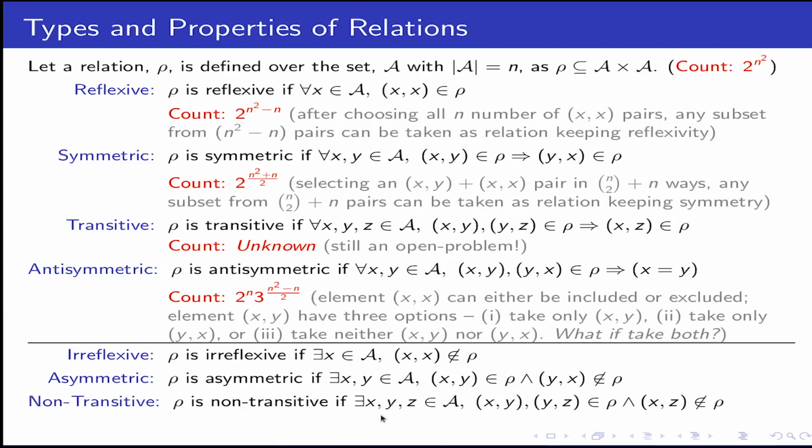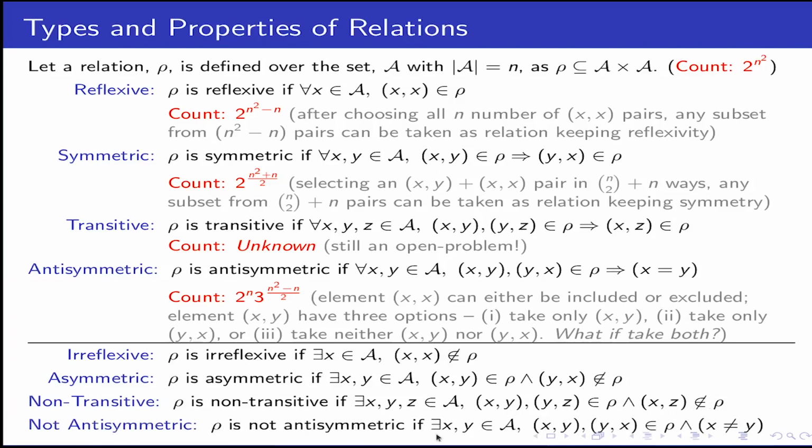Non-transitive means I get a set of 3 elements from A, where I have x related to y, y related to z in the relation, but I cannot put x related to z in that relation. Similarly, not antisymmetric says that there exists a pair where you took these 2 different ordered pairs, though x is not equal to y.